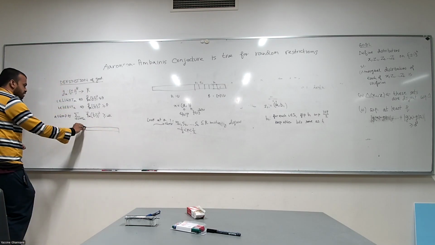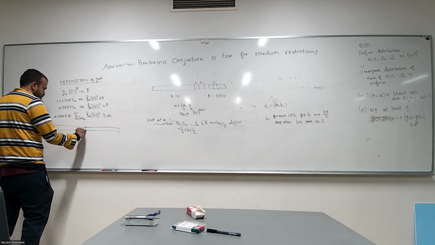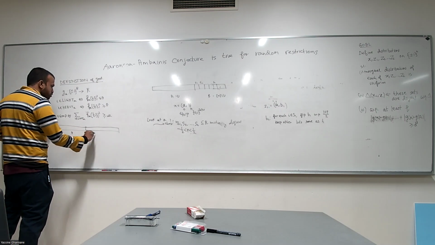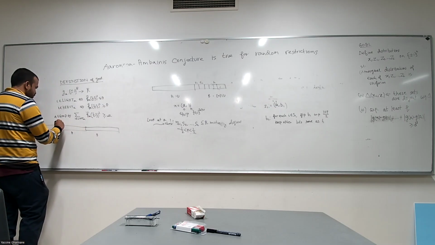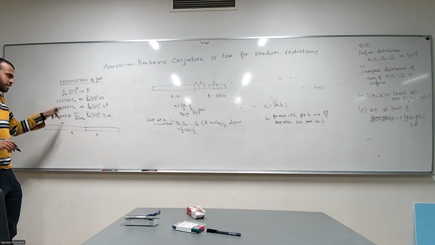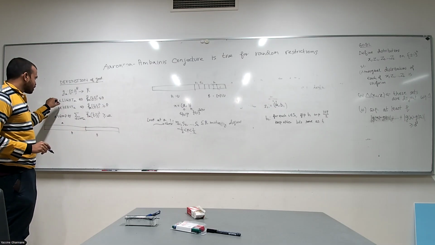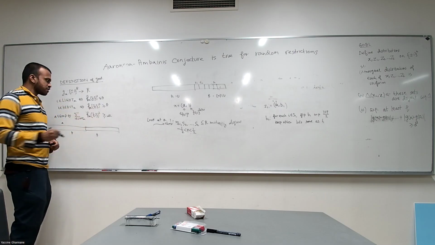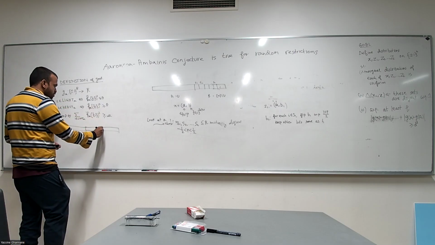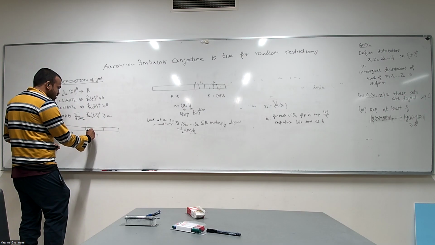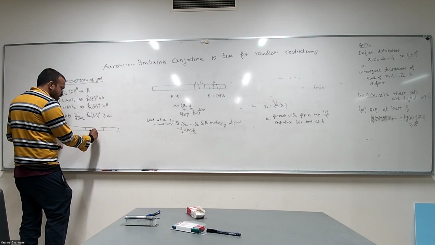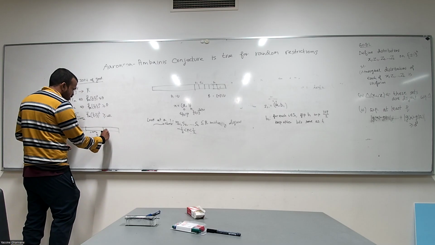So this is B and this is A. Now suppose we chose A. And suppose A is good. Then the total magnitude of the light coordinates is very large. So let's say this is the light part, and this is the heavy part.